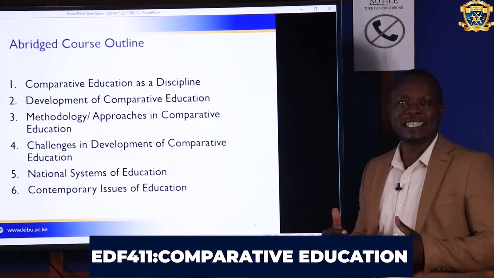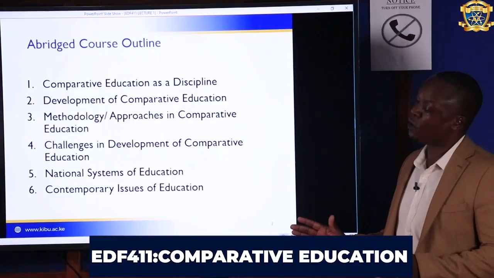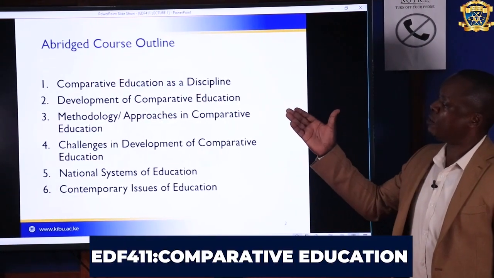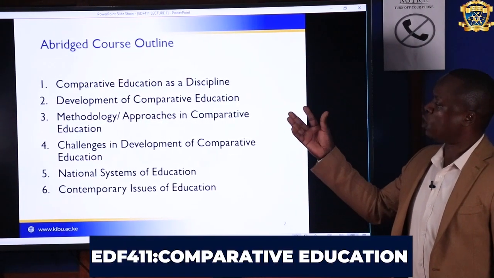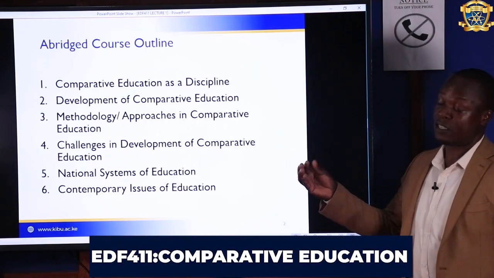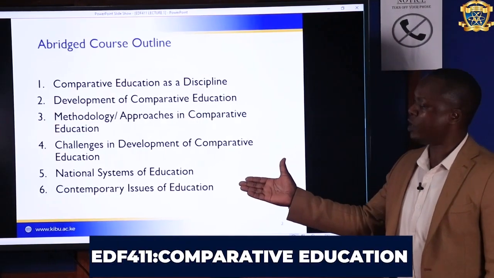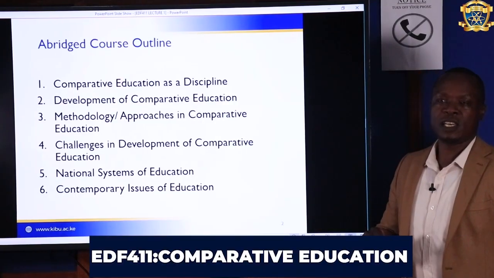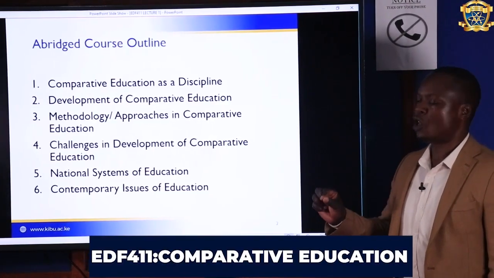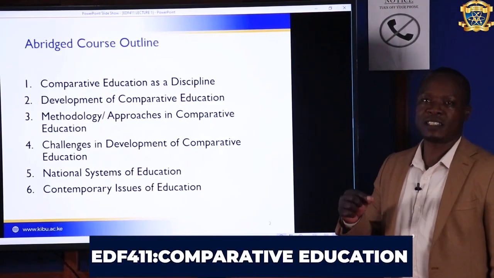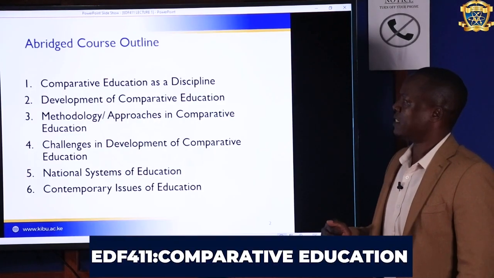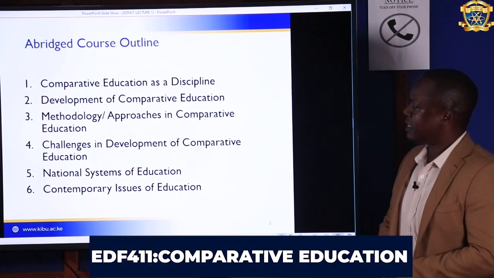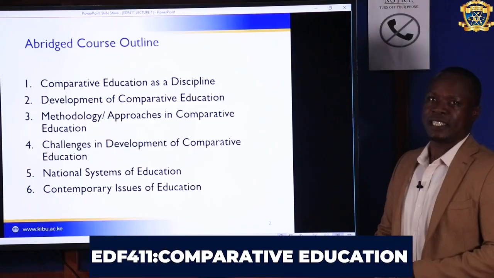There'll be no designated CATs for specific periods, but instead, after every broad topic, you will have a quiz that carries 5 marks. Cumulatively, by the time we are on topic 6, you will have done 6 quizzes that will constitute your continuous assessment test. Now, that said, let's dive into it.